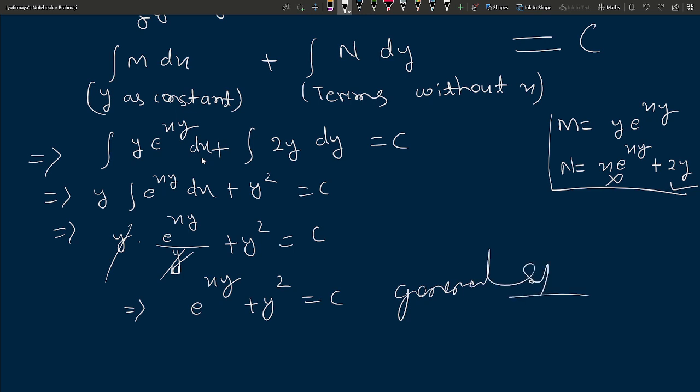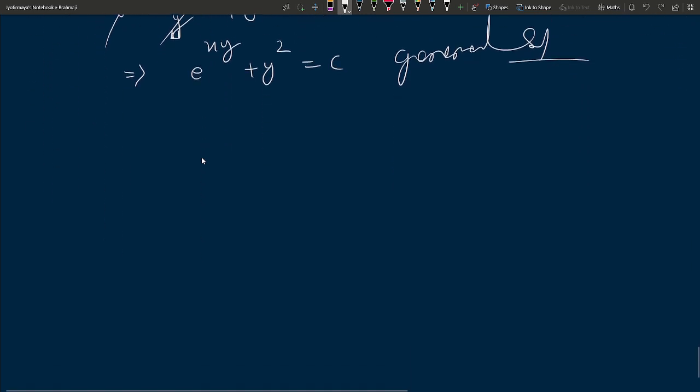Okay, so now let's solve some initial value problems. Similar type of questions, but there will be a given condition.